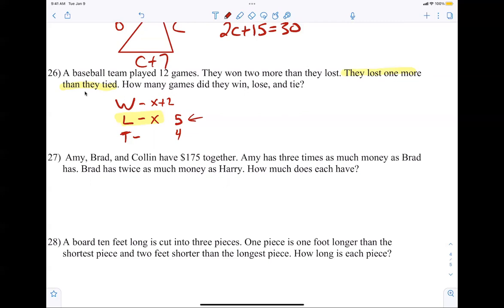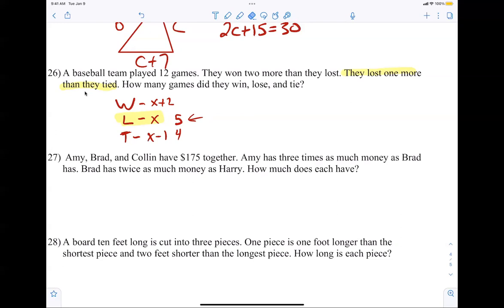X minus 1. I'm with you. Is that correct? Uh-oh, no, that's not correct. Hold on a minute, Oliver. Just give us a second. I don't think that's correct. Look, they lost one more than they tied.